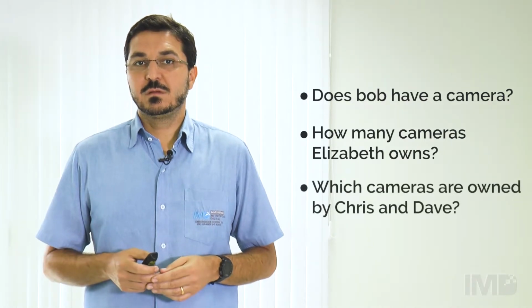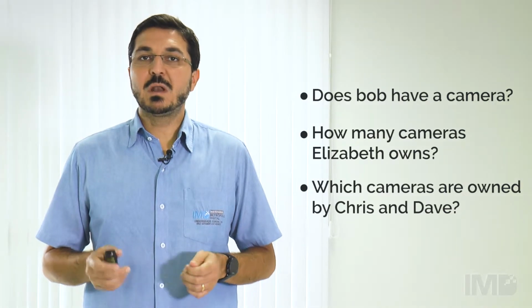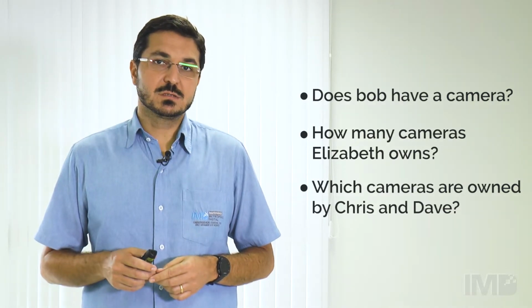We can use the relation owns and operations on relations to answer the following questions. Does Bob have a camera? How many cameras does Elizabeth own? Which cameras are owned by Chris and Dave? Let us now learn about operations that will allow us to answer these questions.